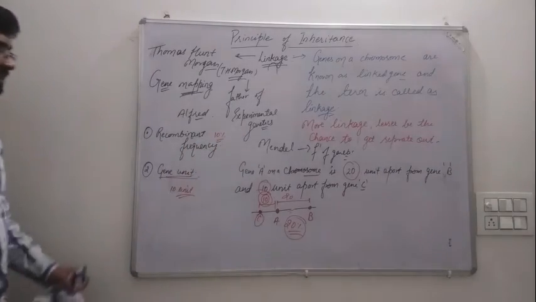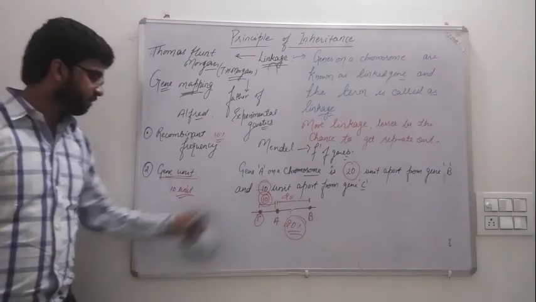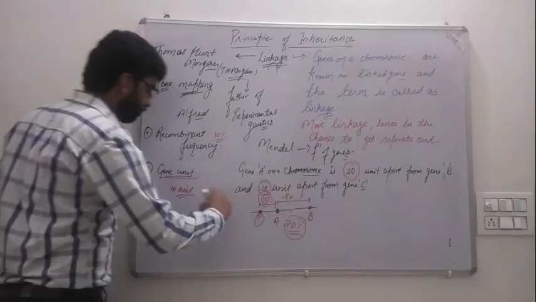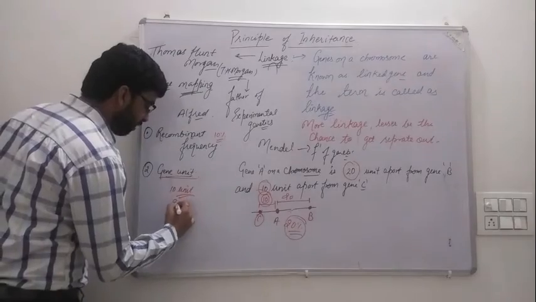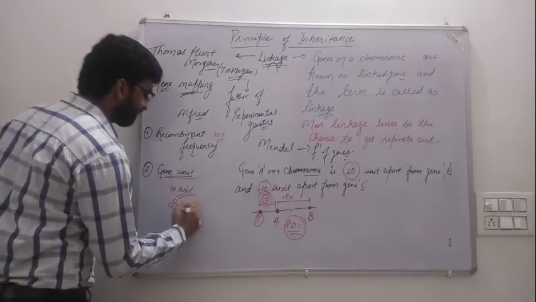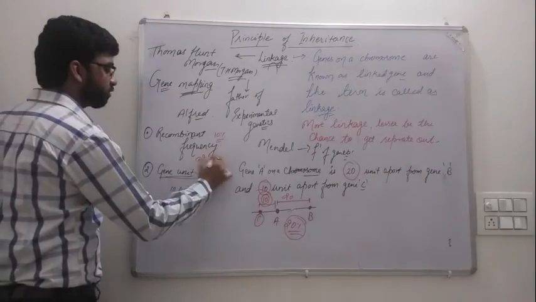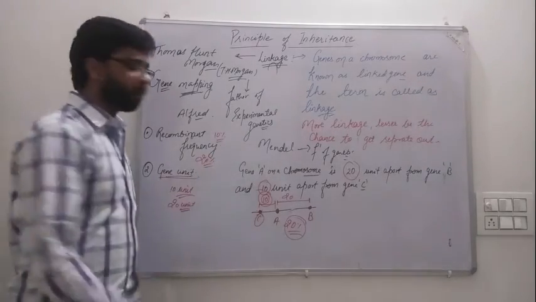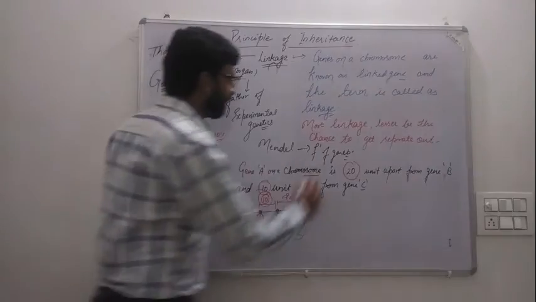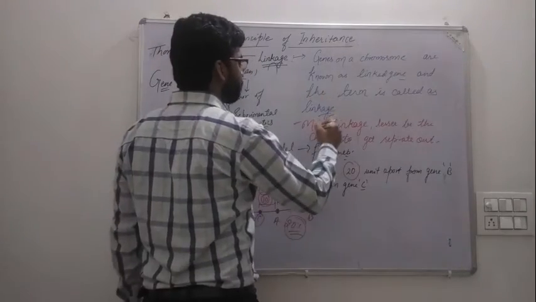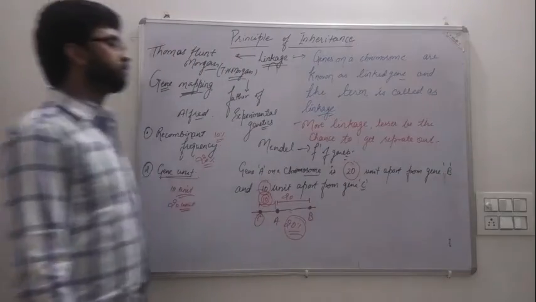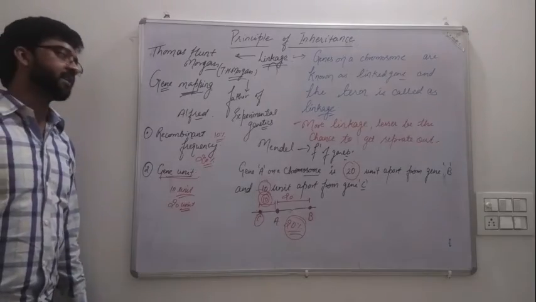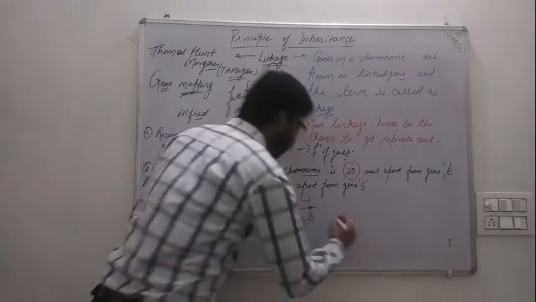When the gene unit is 20 units, the recombinant frequency is 20%. One more thing we add here is that more linkage means less chance of separation.